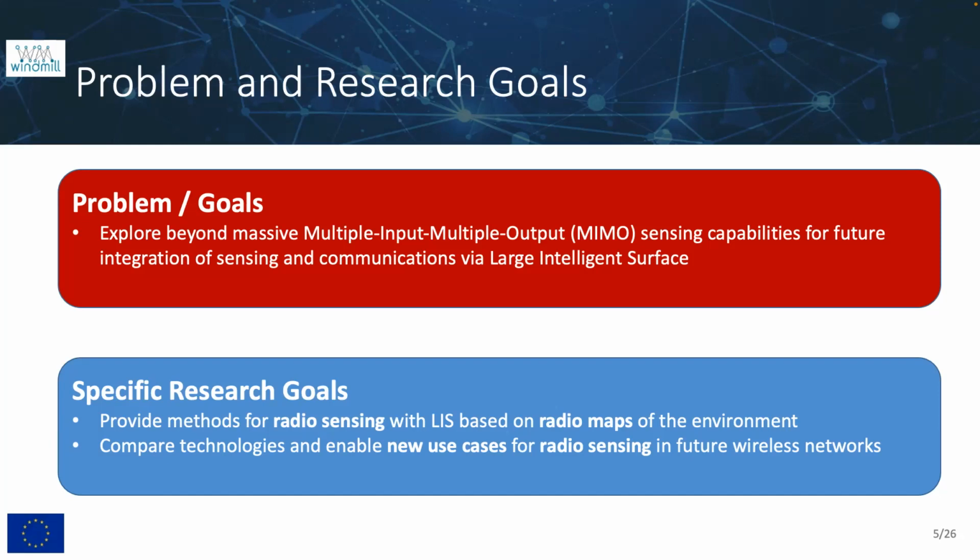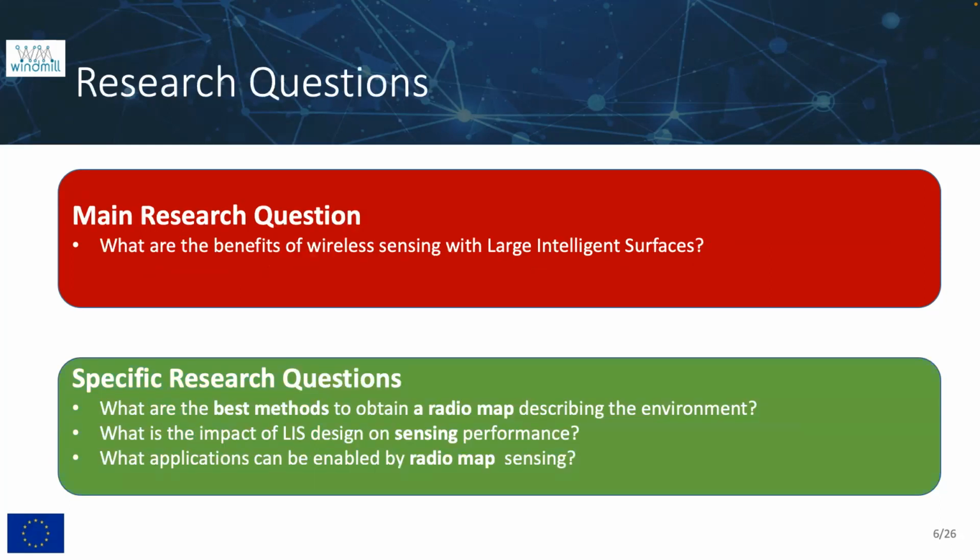And can we compare the large intelligent surface with other radio sensing methods to see what trade-offs we encounter? Then the main research question is: what are the benefits of using LIS for wireless sensing? The specific research questions we try to address are: what are the best methods to do so? What is the impact of the LIS parameters on the sensing performance? And what applications can we have out of it?